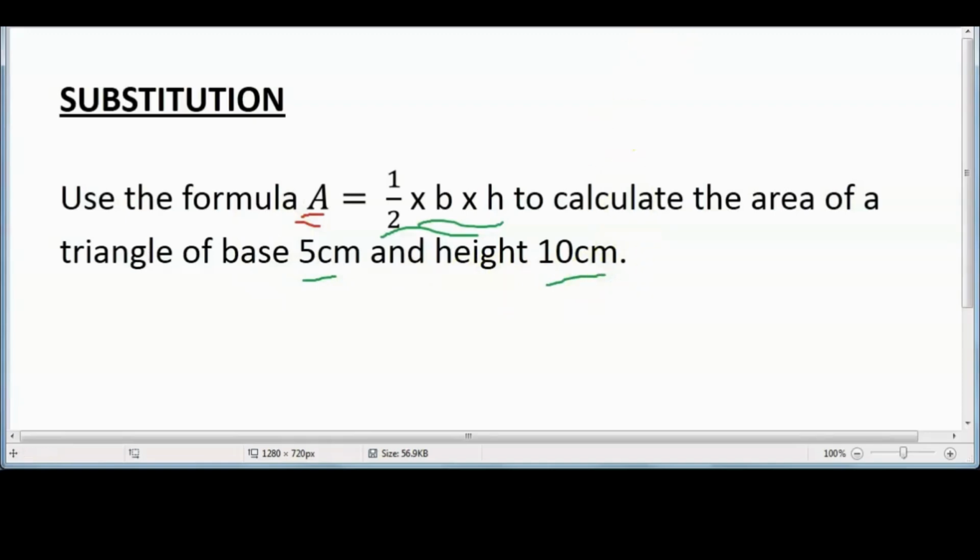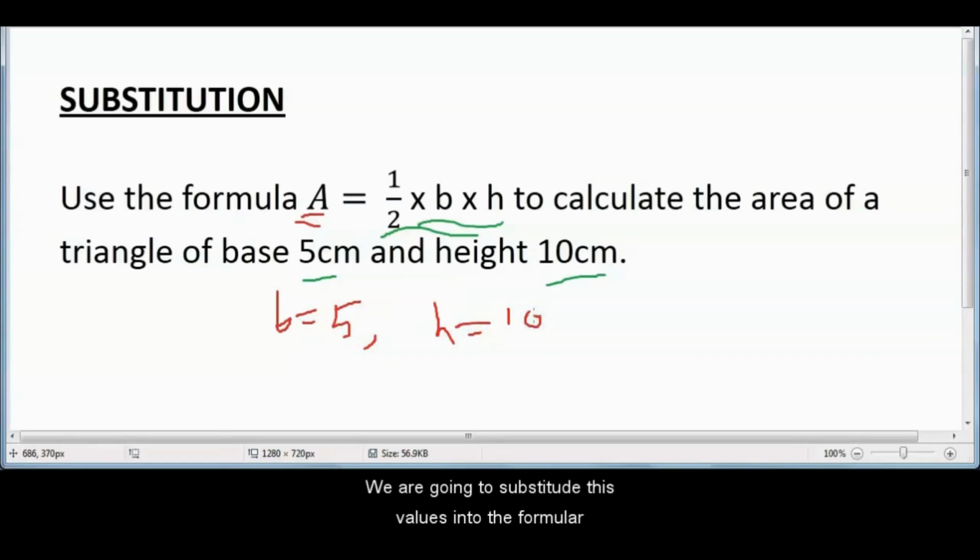So for this question, we are going to say b is equal to 5 and h is equal to 10. We are going to substitute these values into the formula.